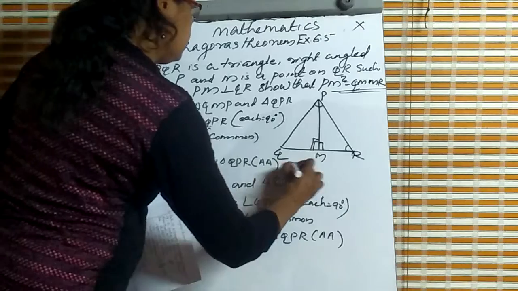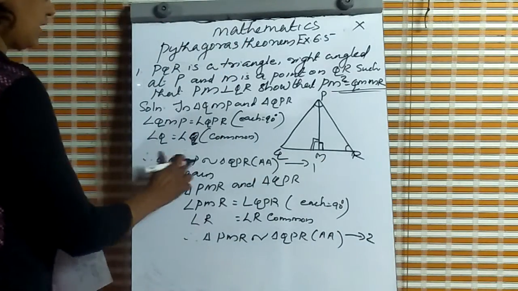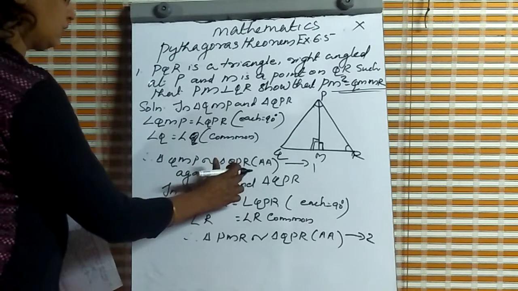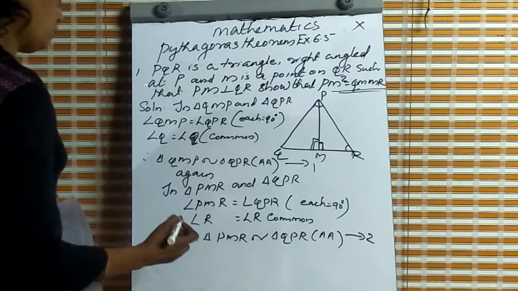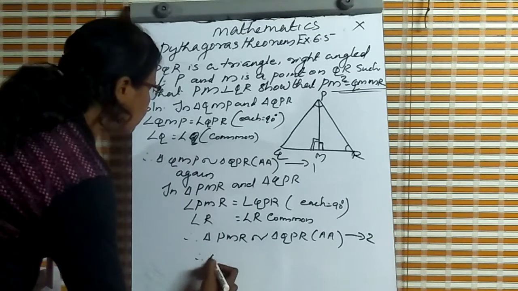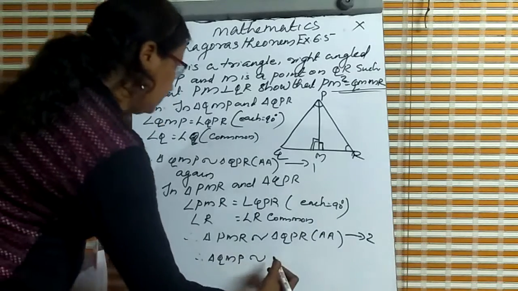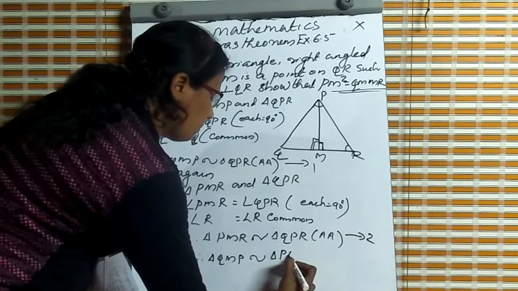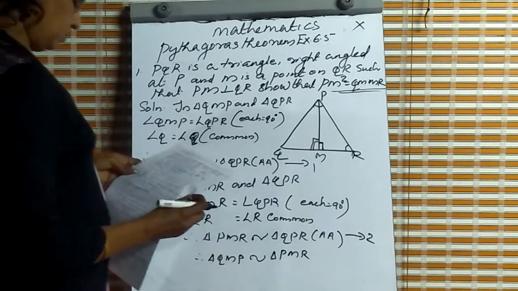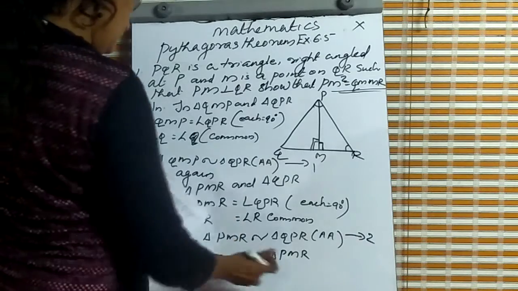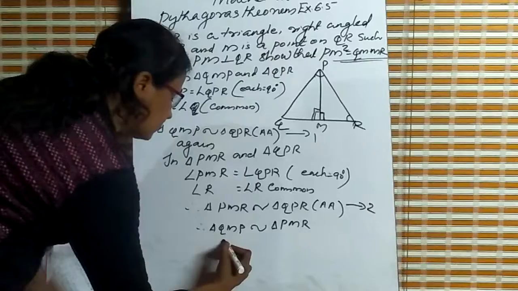Let this be 1 and this be 2. From 1 and 2, triangle QMP is similar to triangle QPR, and triangle PMR is similar to triangle QPR. Therefore, we have triangle QMP similar to triangle PMR. What are its corresponding sides?